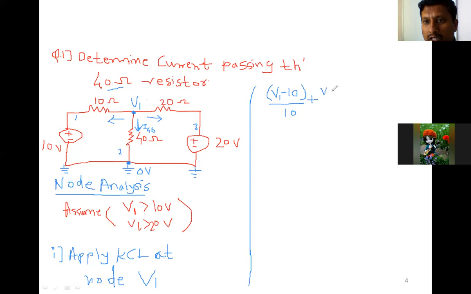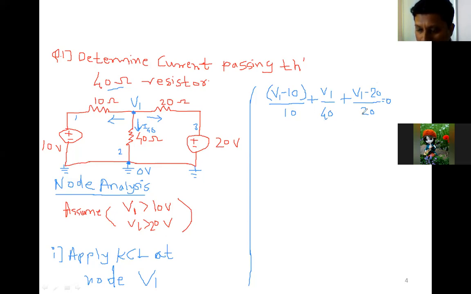So instead of V1 minus 0, I will write just V1 divided by 40. Now for the third branch, V1 minus 20 divided by this 20. This current is also positive because it is also outgoing. V1 minus 20 divided by the 20 ohm resistor is equal to 0.